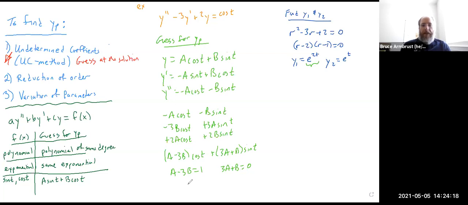All right, so solving that system, it's actually not terrible. You get a equals 1/10 and b equals minus 3/10. So that means our particular solution is going to be 1/10 cosine minus 3/10 sine.